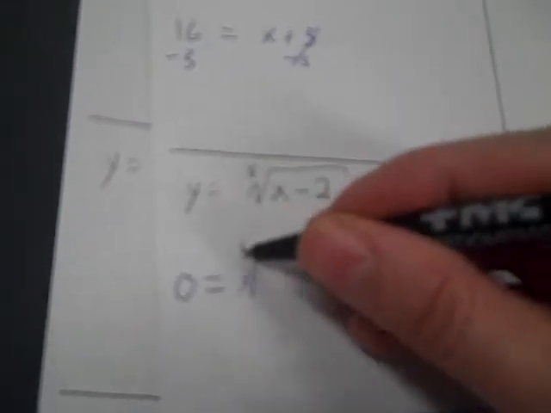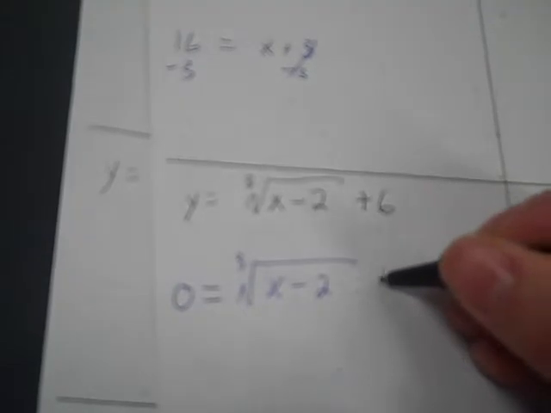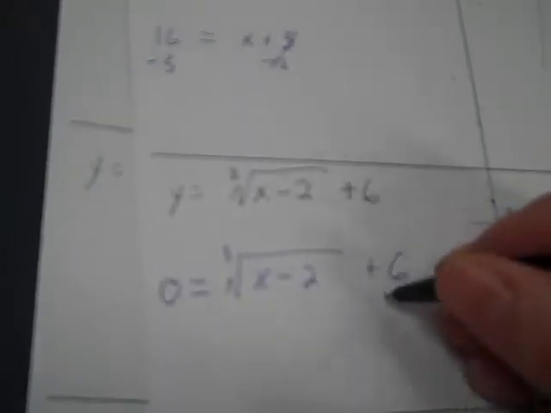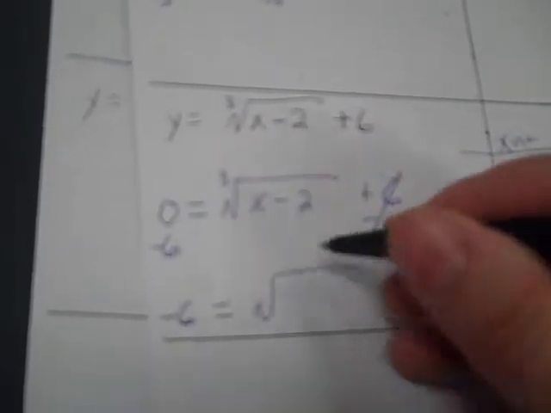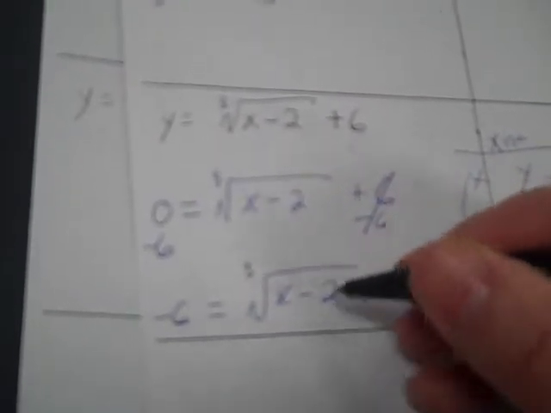Okay, now the x-intercept. Put your 0 in for y. So rewrite the equation, but without y, 0 is now taking its place. And first you undo the plus 6. That's negative 6 equals the cubed root of x minus 2. Now again, you don't have to divide by 3.